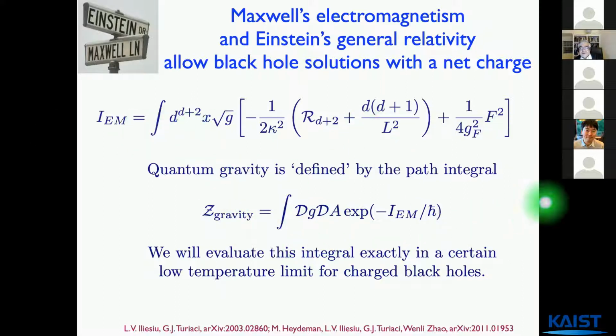Now, of course, this path integral is totally meaningless. It's full of all kinds of infinities. It's why we invented string theory in the first place, because no one knows how to do such path integrals over gravity. So this might seem like a totally hopeless task. However, it turns out that if you focus in on just the low energy sector of these charged black holes, this path integral can be done, and it gives you a precise number.